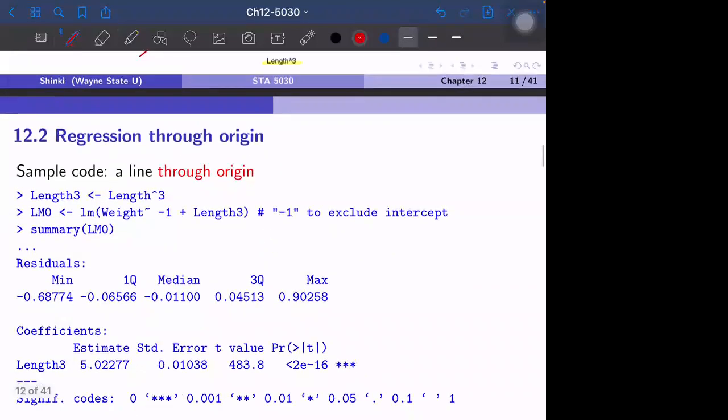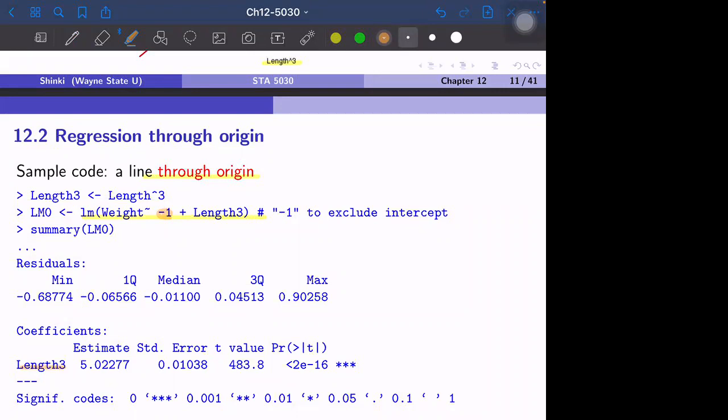So we try the two models. One is a line through the origin without intercept, and the other is the usual line that may not go through the origin. For the line through the origin, the code is here: weight on -1 plus length^3. This is the format, the grammar in R. So -1 excludes the intercept.